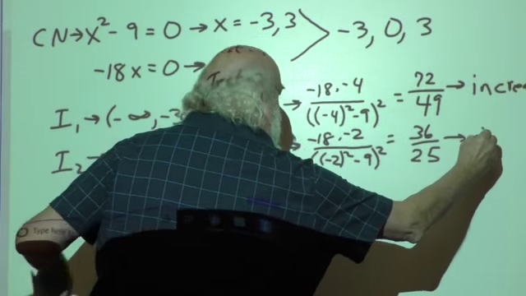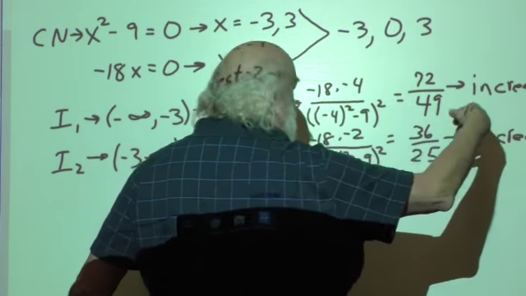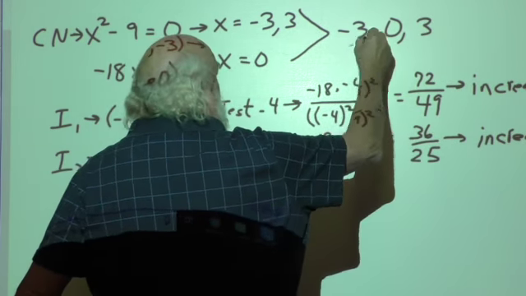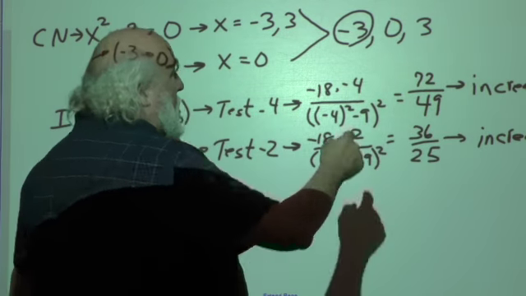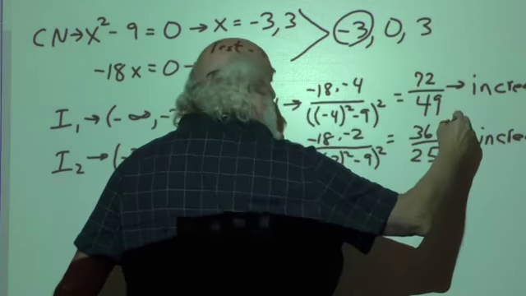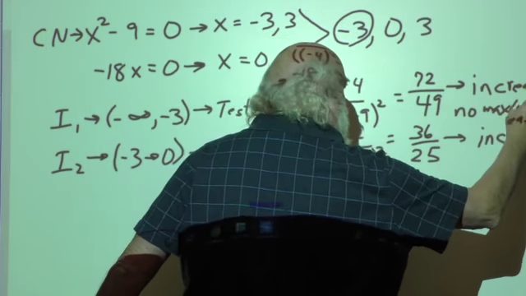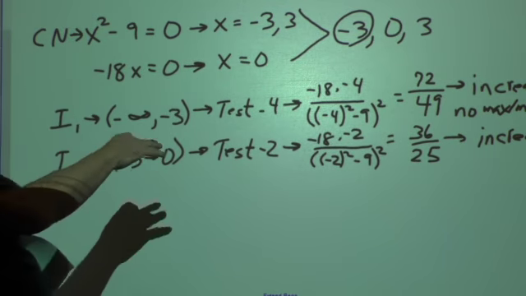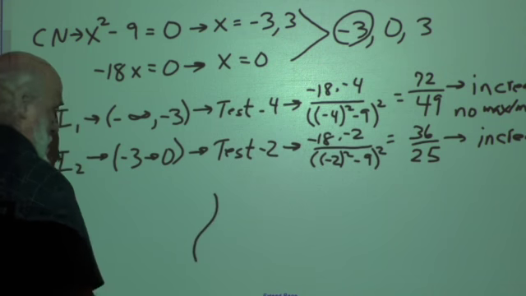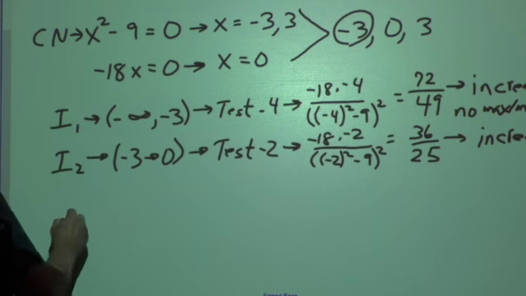And that is increasing. But what's important here is this isn't changing, so this negative 3 value is not going to be a maximum or minimum. It can't be, because it's not creating anything that we can deal with. So there's no maximum or minimum for this.